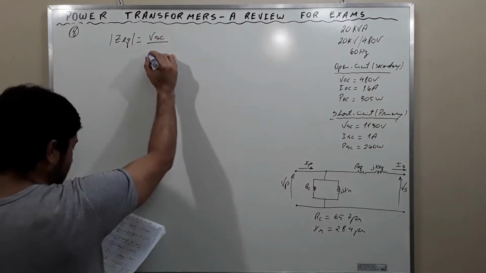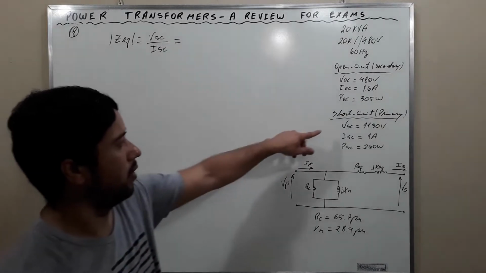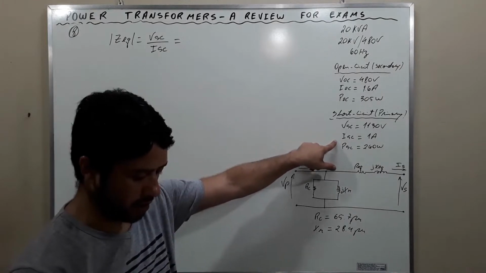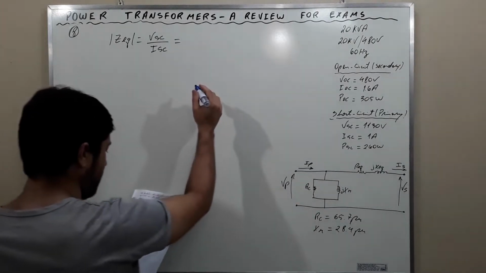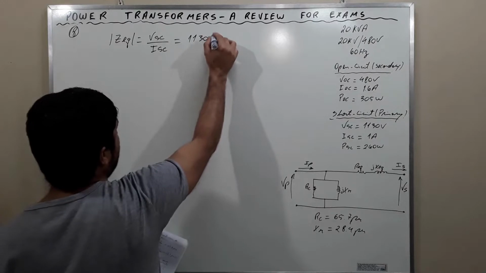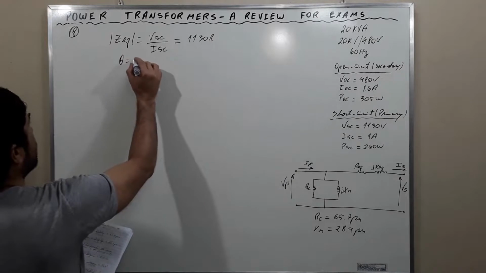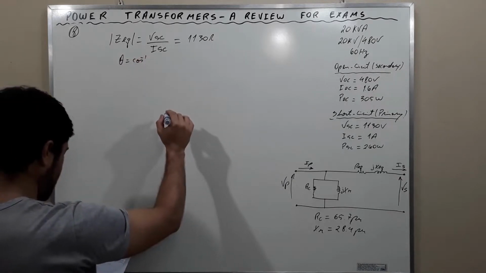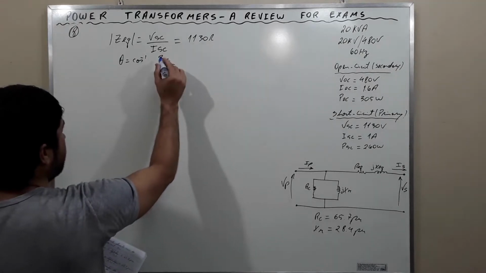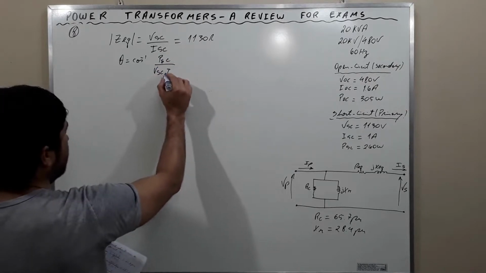The magnitude of the series impedance is VSC divided by ISC. We use the values here, 1130 divided by 1 amp, and it is therefore 1130 ohms, and the angle is the inverse cosine of PSC over VSC times ISC.